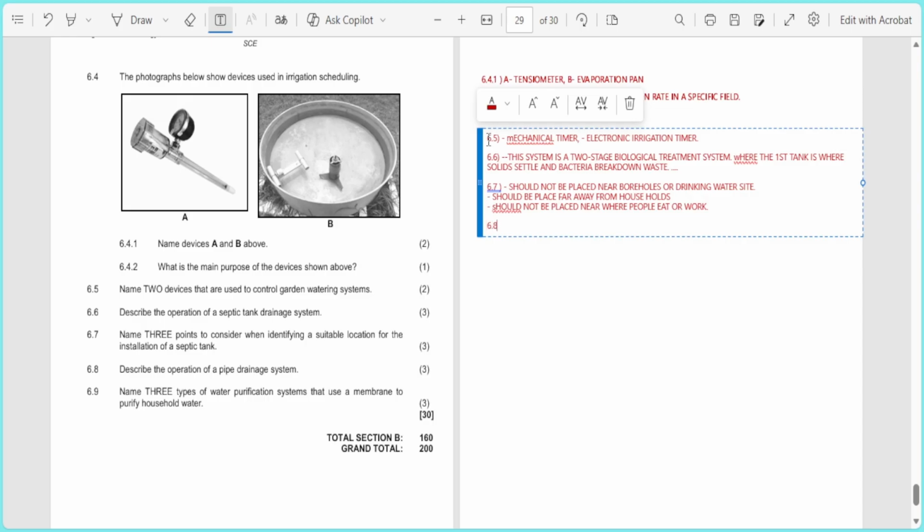For 6.8, describe the operation of a pipe drainage system. You can think of it like an underground river system that you create. The gravel, or the material found underground, can be seen as allowing water to enter while filtering out the soil.